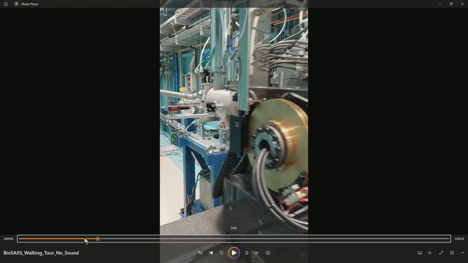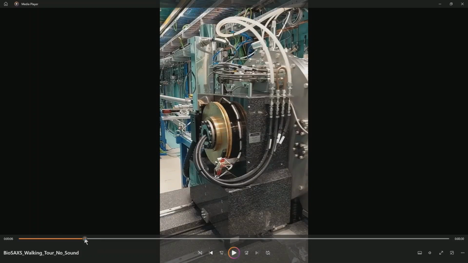So that big circle thing there, that is our monochromator. And essentially, internally, it looks like a periscope. So we've got two mirrors that are parallel. The white light comes in, the first mirror bounces the energy level we're interested in to the second mirror, and the second mirror bounces all of that energy out. All of the X-rays of the frequencies that we're not interested in go through the mirror.